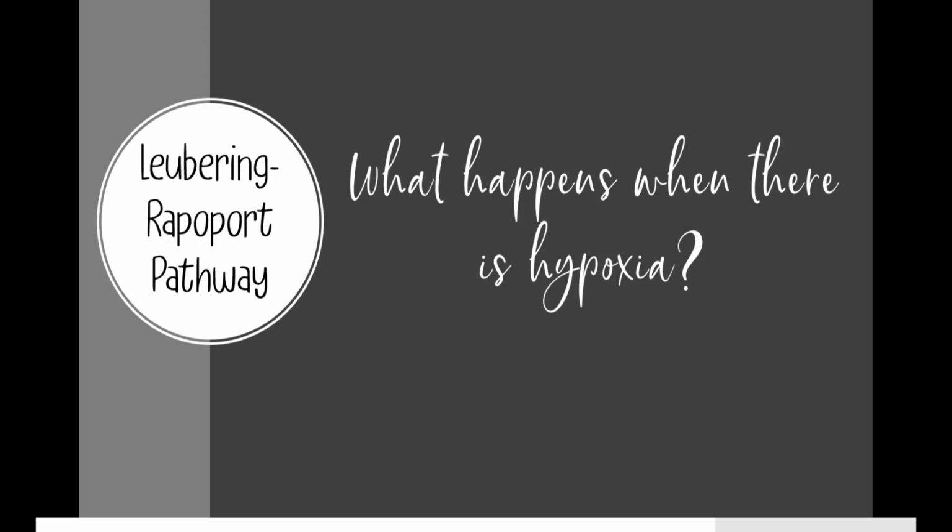Now, this state of fully saturated 2,3-DPG will increase more the rate of glycolysis in order to generate more 2,3-DPG. So, the generation of more 2,3-DPG is done in order to compensate for the increased need, no? And remember that if there will be more 2,3-DPG, there will be more oxygen release. There will be more oxygen that will be released into the tissues.